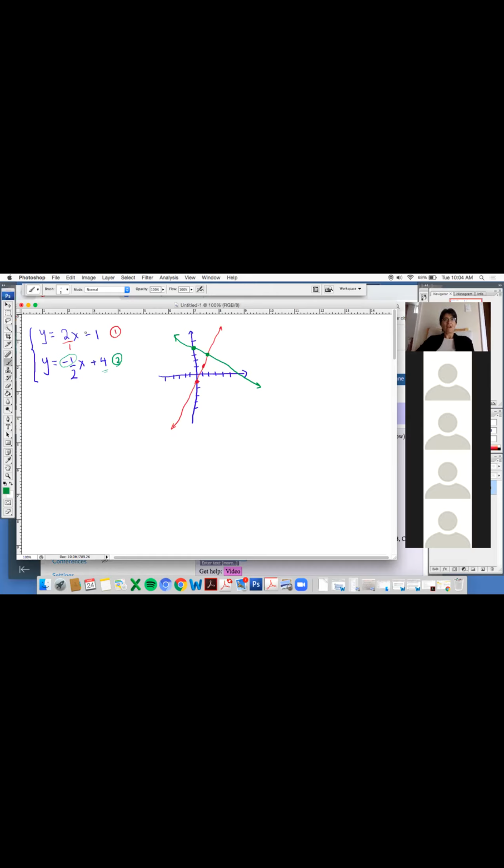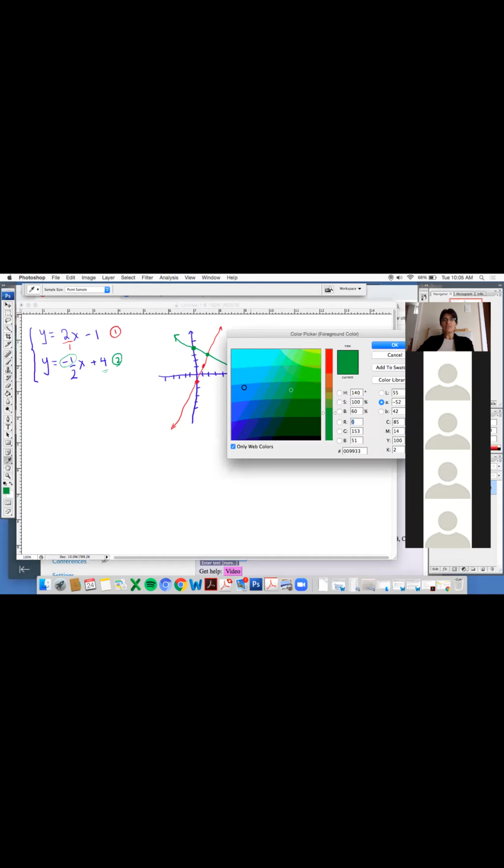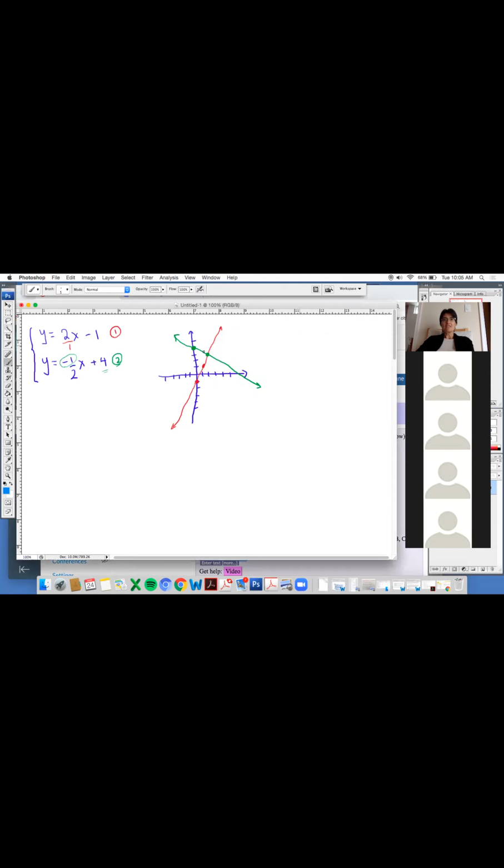Okay, so graphing each line all together in the xy plane helps you visualize the system of equations. Right, so now the solution to the system means the point where they cross each other. Okay, so this point where they cross each other has an x and a y value, and this is the solution.